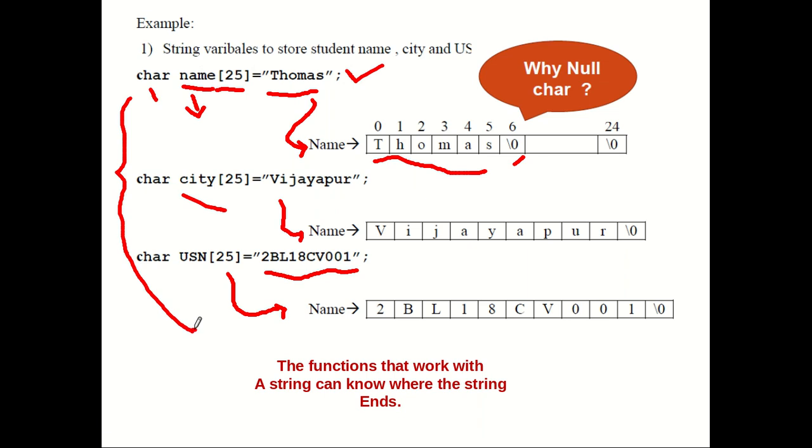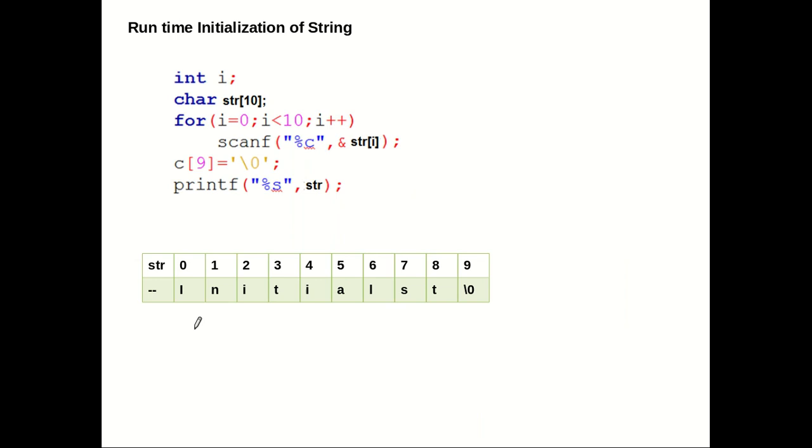So if we know in advance what value has to be stored in a string variable, then we can initialize that particular string variable by using the compile time initialization method. So in case of runtime initialization, if we don't know in advance what value has to be passed to the string, that time we use the runtime initialization method.